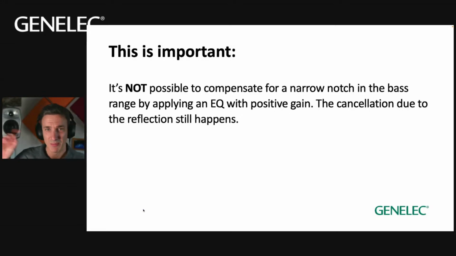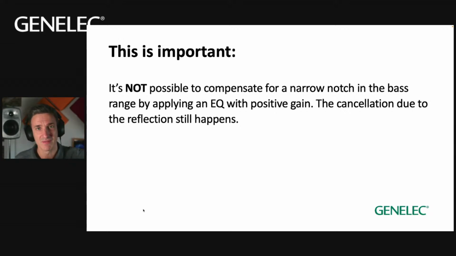So what's really important, I already mentioned it, it's not possible, never, ever. Nobody on planet Earth can do that. That you can compensate for a notch in the bass range by applying EQ with positive gain. Because you have seen that we have direct sound and we have the reflected sound from the wall.